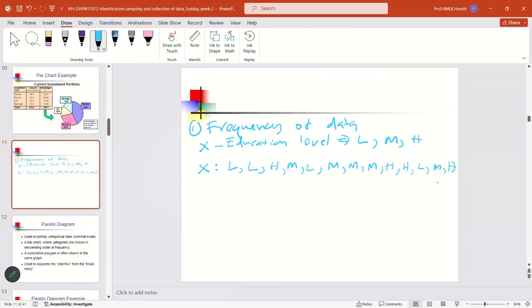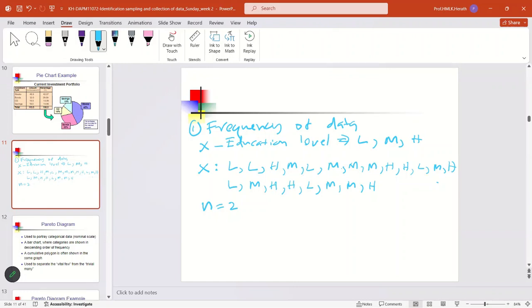How many people? 1, 2, 3, 4, 5, 6, 7, 8, 9, 10, 11, 12, 13, let's take twenty. Low, 14, 15, 16, 17, 18, 19, 20. Our sample size here is 20.